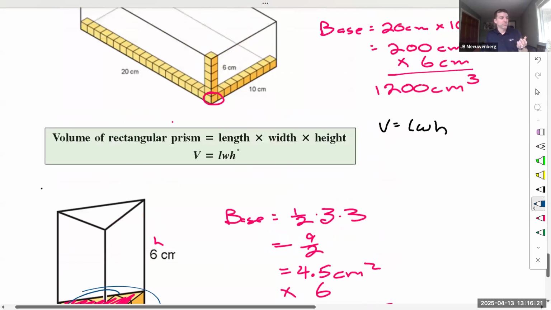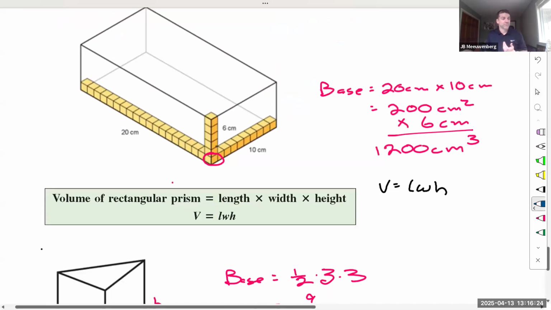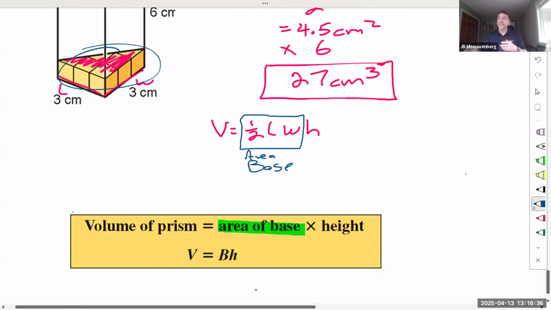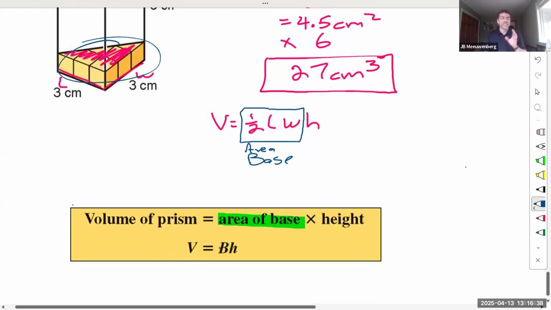In our first example, we saw that it was a rectangle. So that was where the length times the width came from. In the second example, it was a triangle. So that was where the 1/2 times the length times the width came from. And again, that's going to be the case for whatever type of prism you have.